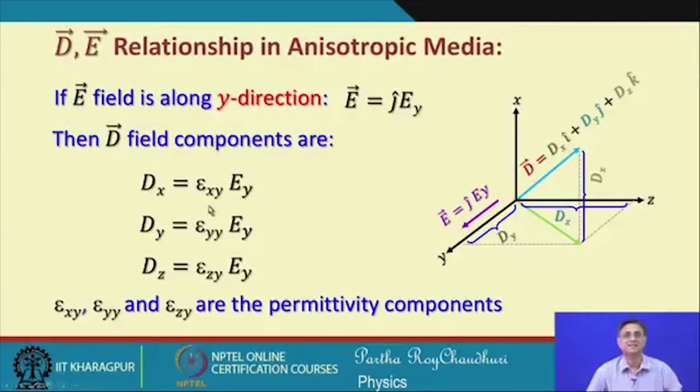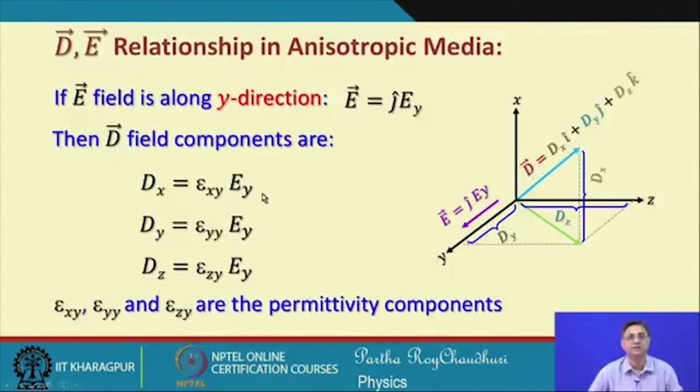Next, let us consider the behavior when we apply an electric field along the y axis. In the same way, the displacement vector will be in general not in the direction of the electric field, but in a direction which is different from the direction of the electric field.